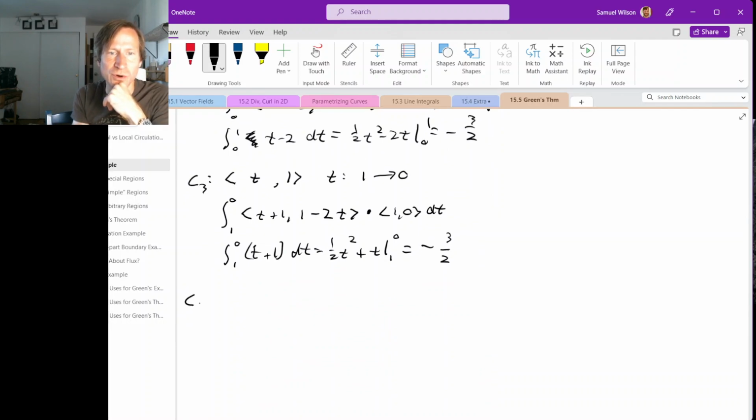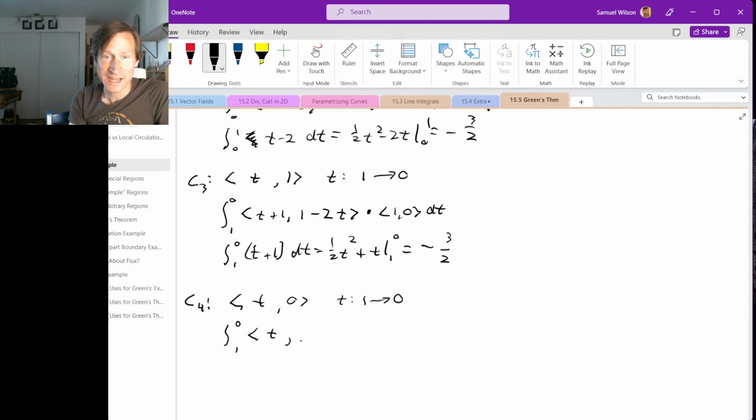Finally, we have to do C4, which is coming down the left-hand side of the square. So the x-coordinates there are always 0. The y-coordinate we can take to be t as long as t goes from 1 to 0, so that we're coming down the left-hand side instead of going up. So integral from 1 to 0 of x plus y, so x plus 0, comma, y minus 2x, so that's minus 2t, dotted with r prime, which is 1, comma 0, dt.